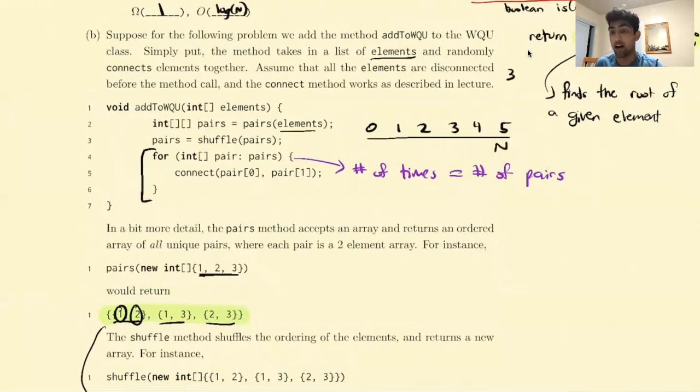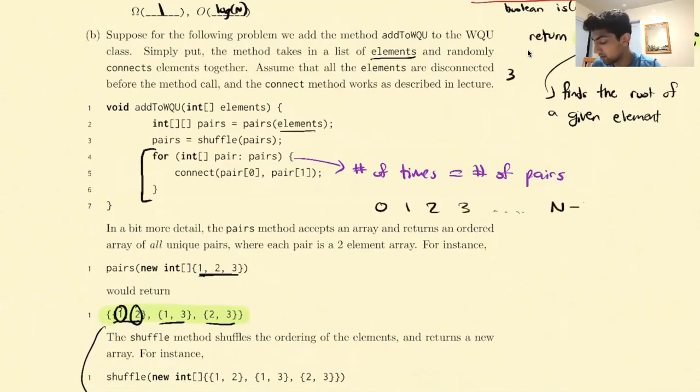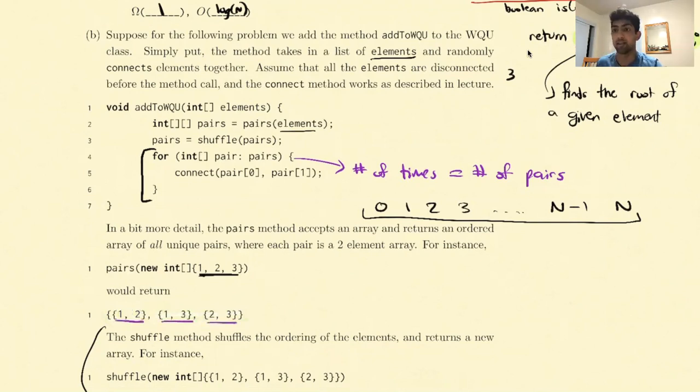So suppose that we have such an array. I'm going to generalize this to an example where the elements array is of length n. Okay, so say that we have the following array. For the total number of pairs, let's assume that every time we make a pair, the number on the left is less than the number on the right, as shown with these examples.